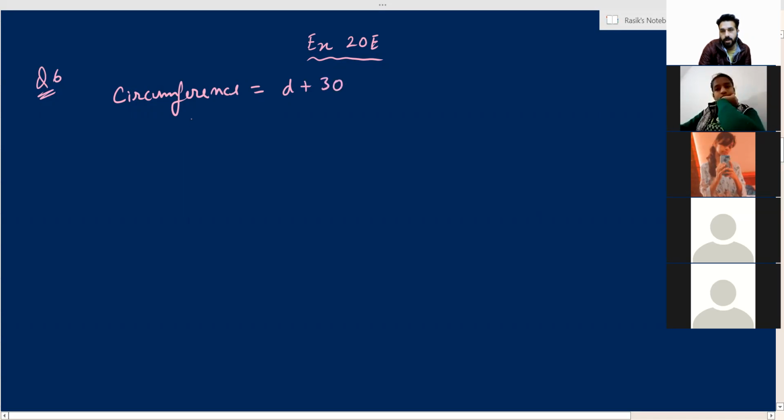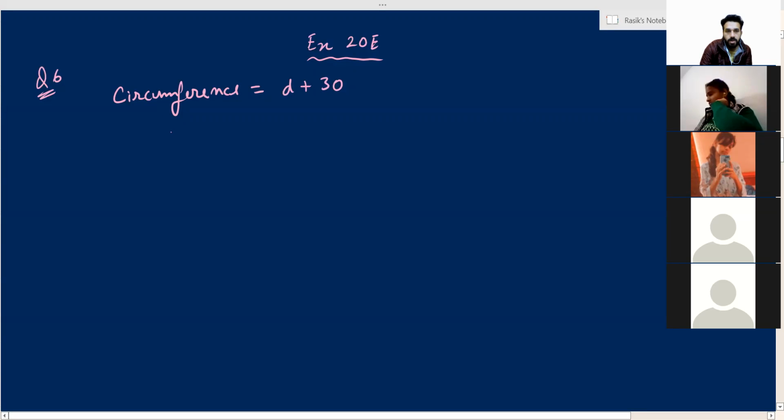So that means diameter plus 30 is equal to circumference. ठीक है? Got it? Now this is the equation. We will find the value of radius from this equation.